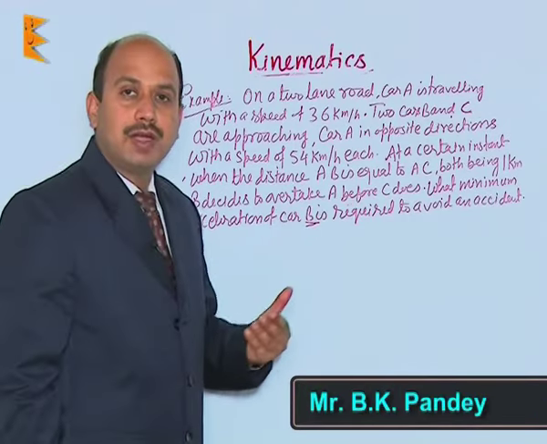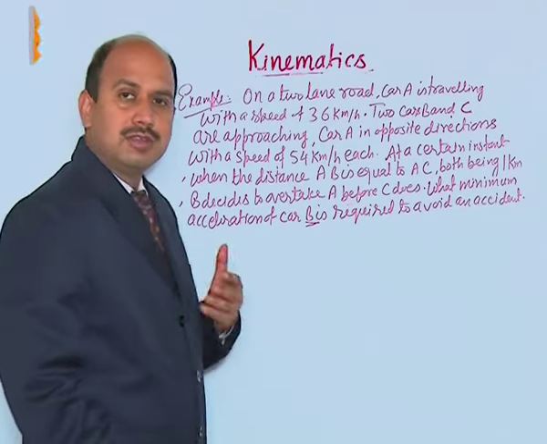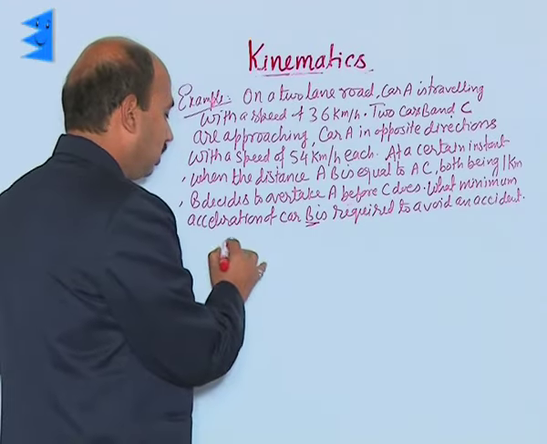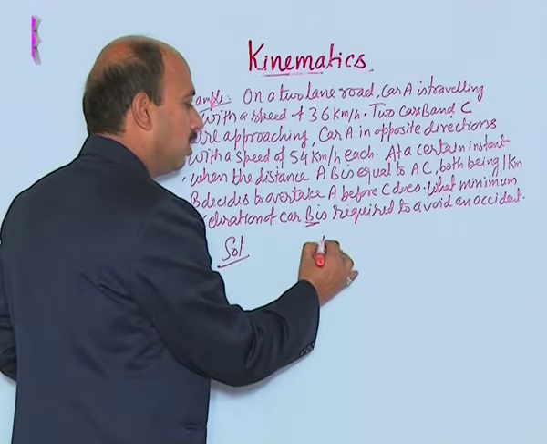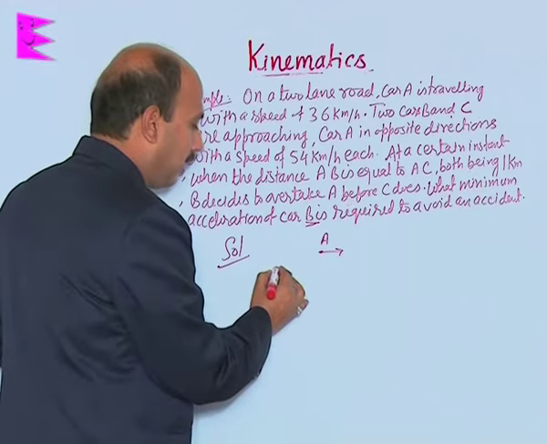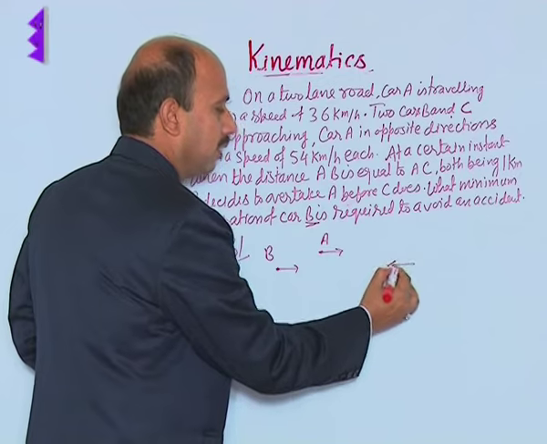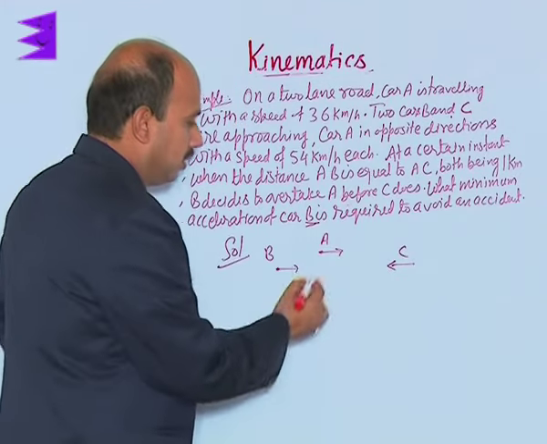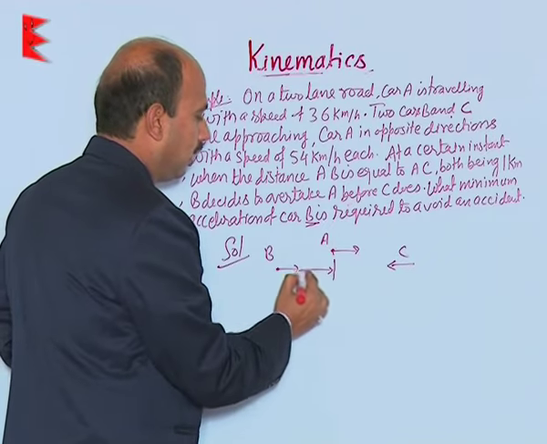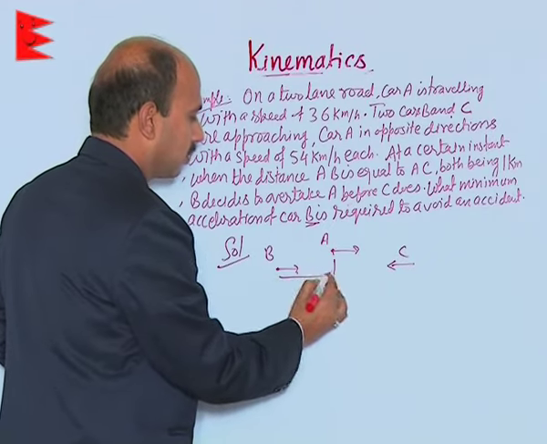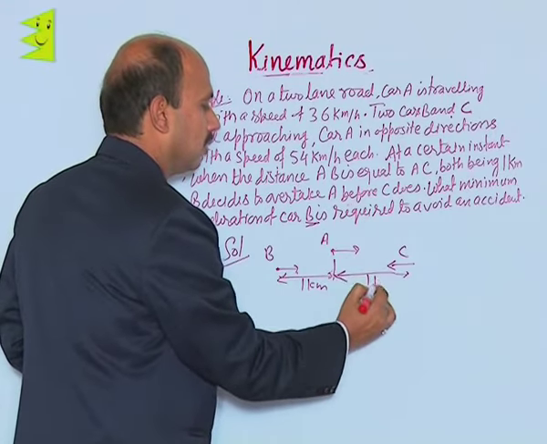So first you have to find out the minimum time available for B. So just let us discuss the situation. Suppose this is car A going to this side, car B is somewhere here and car C is somewhere here. This distance we take, this is 1 kilometer and this is also 1 kilometer.